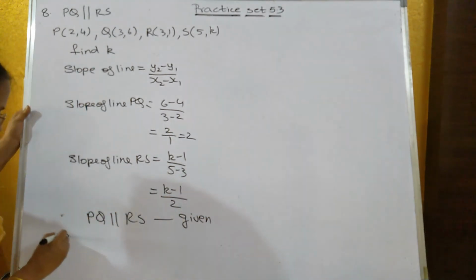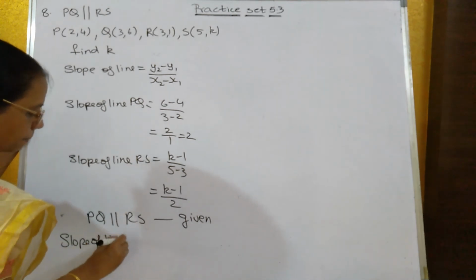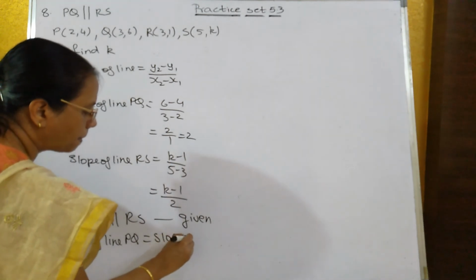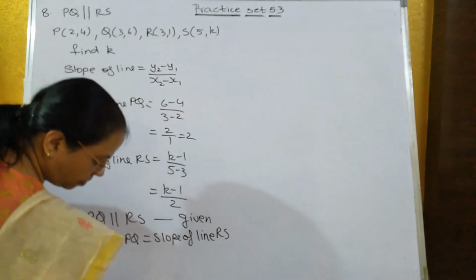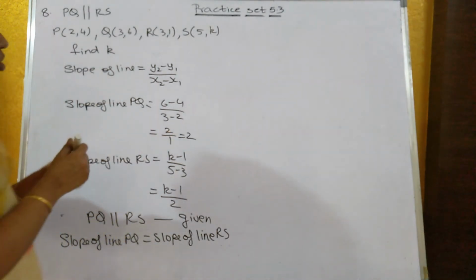Therefore slope of line PQ should be equal to slope of line RS. Now what we have got? Slope of line PQ is 2.